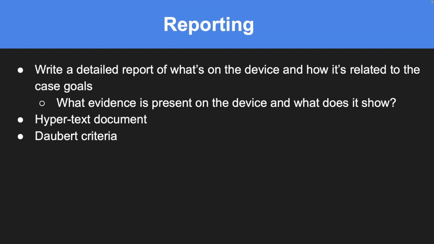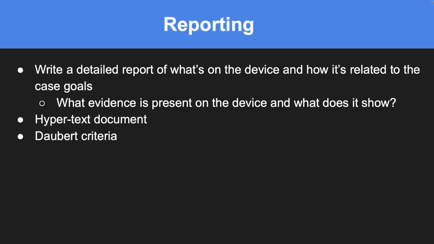And the last Daubert criterion is general acceptance, and that will be answering the question, is the theory or technique widely accepted by the relevant scientific community? And this may not be a definitive factor, but broad acceptance can support reliability of the method.